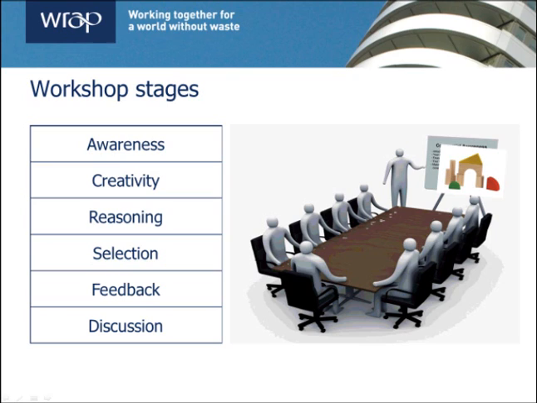The reasoning session aims to classify each of the ideas according to the 5 designing out waste principles outlined earlier, estimating the potential impact on waste and the ability and ease of implementation in the project. Ideas can be prioritized before the next session, selection, where the best ideas are retained for further investigation. Feedback and discussion are used where the workshop is large enough to be split into smaller working groups.